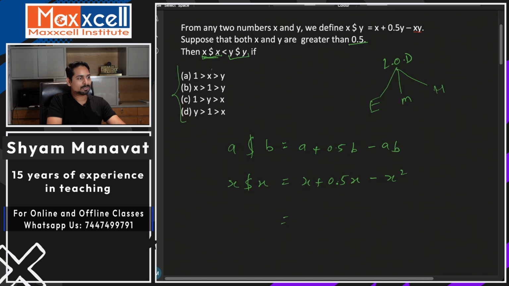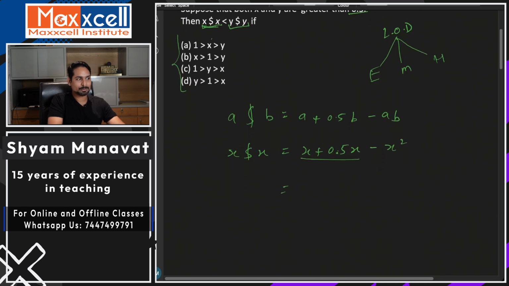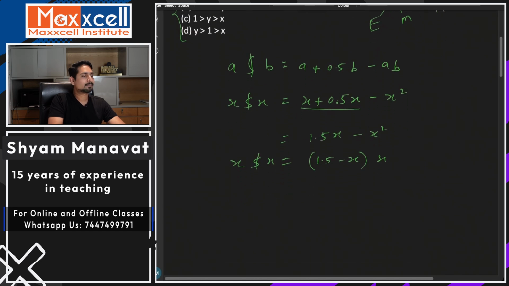Now, if I further want to simplify this, I can say x plus 0.5 of x, that will get you 1.5x and then you have x square here. And if you take x common from this, what you get is 1.5 minus x into x, that is x $ x, right? Similarly, if I try to find y $ y, that's going to get me 1.5 minus y into y.